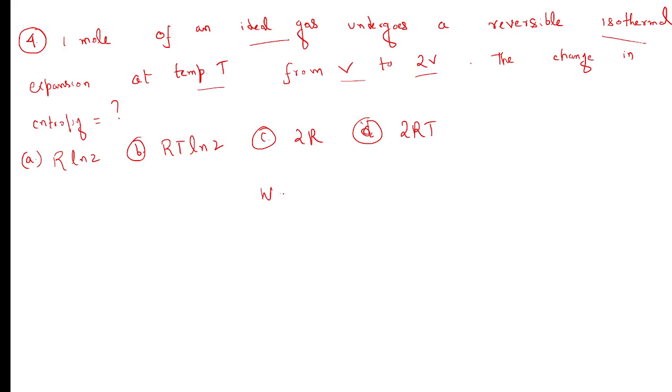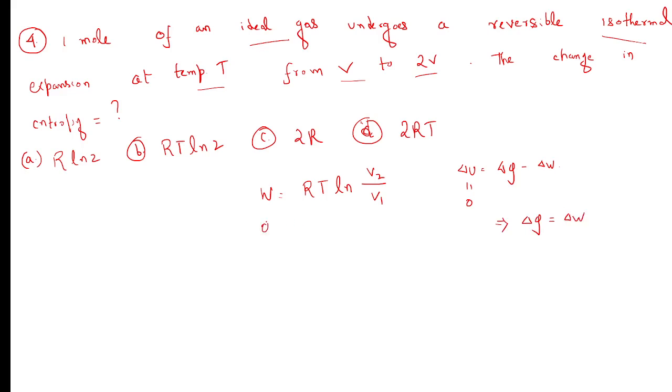So, for 1 mole of an ideal gas, the formula for isothermal expansion is this. If you apply the first law of thermodynamics, it's delta U equals delta Q minus W. And for isothermal, delta U is 0. So we can write this.